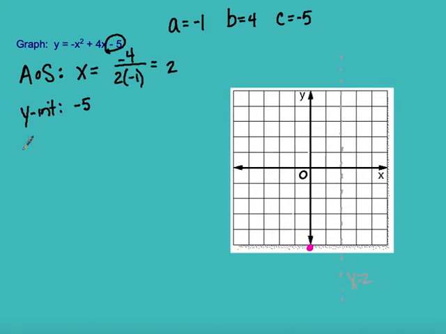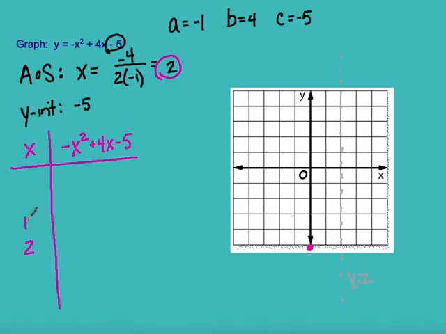All right, so I'm going to build my table of values. So my table of values, my input is x. I'm going to throw it into the function -x squared plus 4x minus 5 to get my output. And I'm going to start at 2, picking 2 points to the left and 2 points to the right of 2.